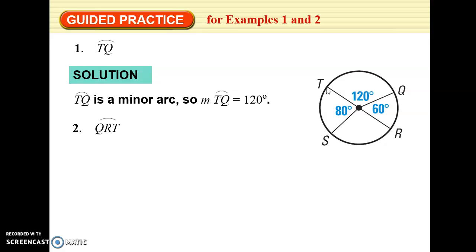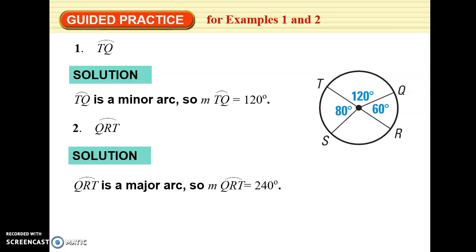At the beginning, we will assume that this line is a diameter. I mean, this part of the circle is 180. If we are looking for QRT, and we know that this part is 180, we will have to add 180 plus 60. That will be 240.